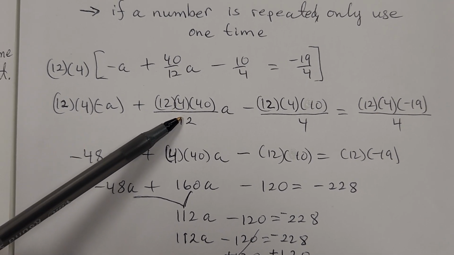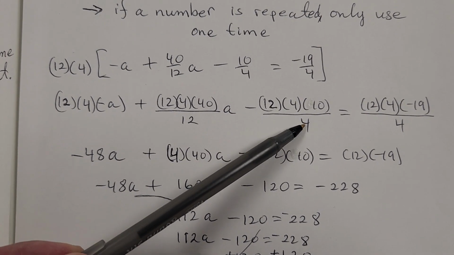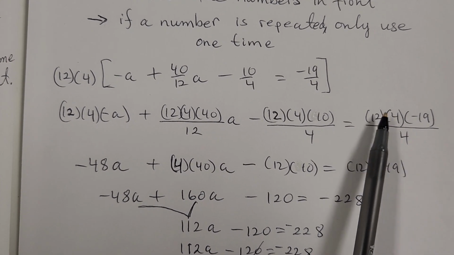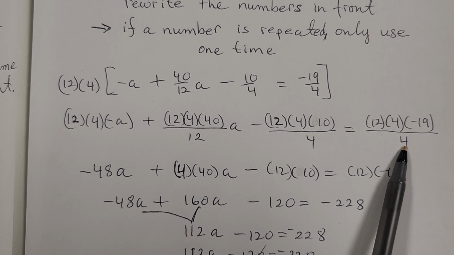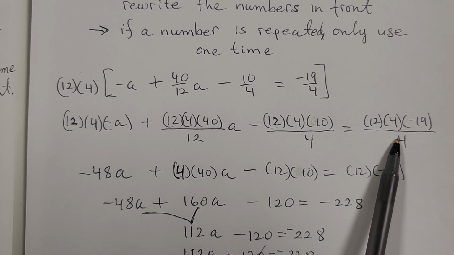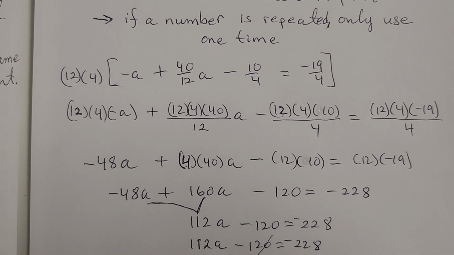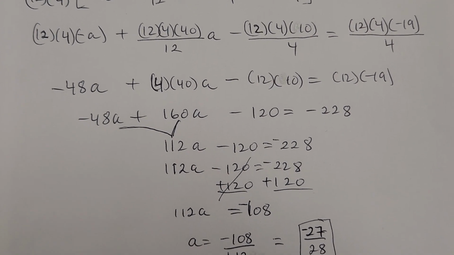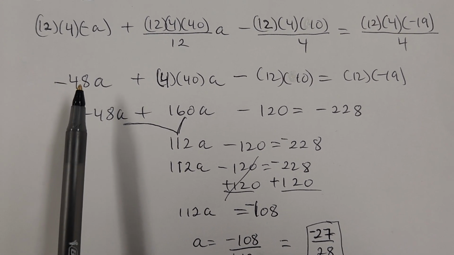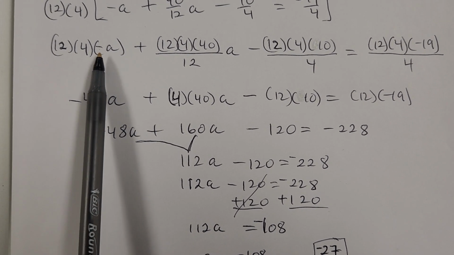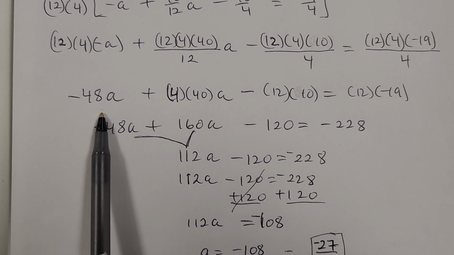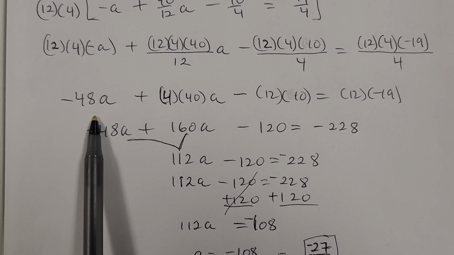Okay. So again, there's nothing to cancel over here because there's no number in the bottom. Here, the 12 is canceled. The 4s here are canceled. This 4 and this 4 are canceled. Okay? And then after you cancel, you're going to end up with this. So 12 times 4, which I wrote here already, is negative 48.